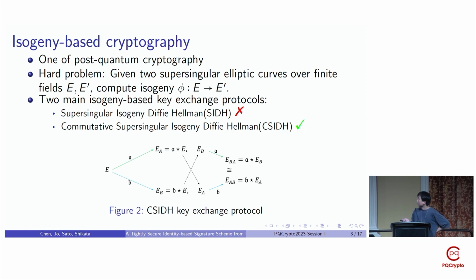SIDH has been completely broken last year by serious works, but CSIDH is still alive and has various applications. Here is the diagram of CSIDH. In fact, CSIDH and the traditional Diffie-Hellman key exchange protocol are both instantiations of group action, hence their constructions share some similarities.